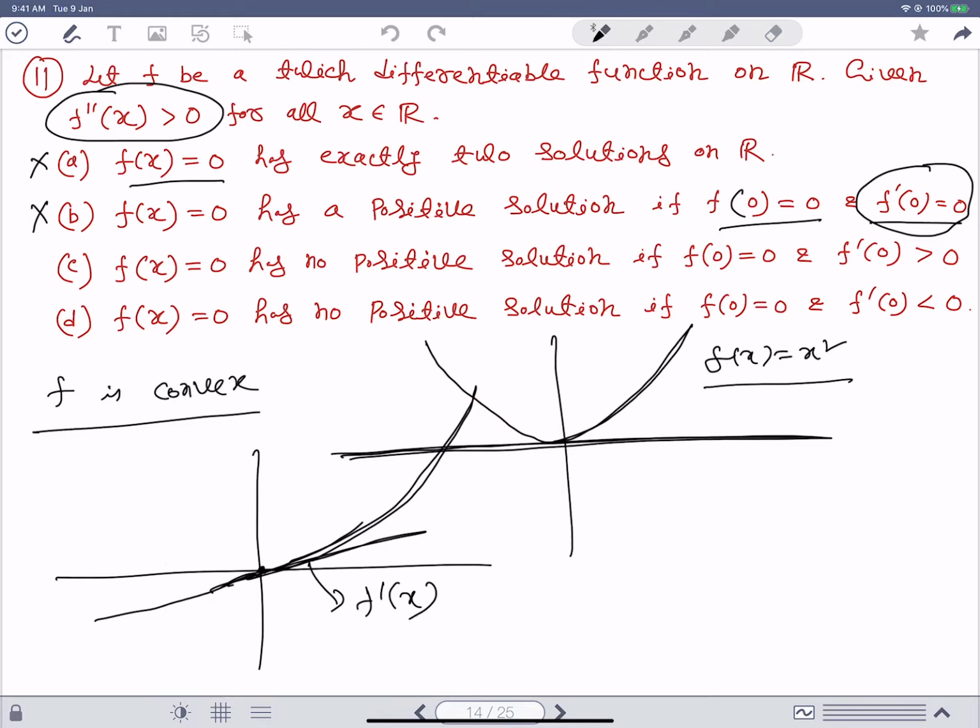Did you get this point? Yes, sir. So it will have only one solution, right? No, it says that it has no positive solution. It can have another solution, a negative one. It can be kind of this one, right.